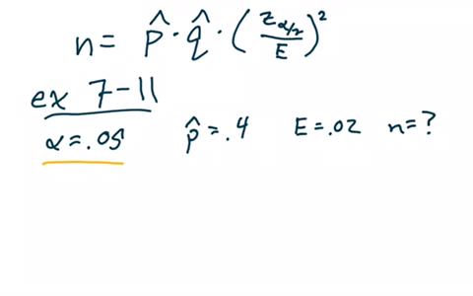They supplied us with a previous study, and so we're just going to assume that that is close to the results that are going to be occurring in this study. We should be able to have a crude estimate, at least, for p hat. That's 0.4. Therefore, q hat is going to be 0.6. They said we wanted to be accurate to within 2%, so notice we are given the margin of error, and that is 0.02.